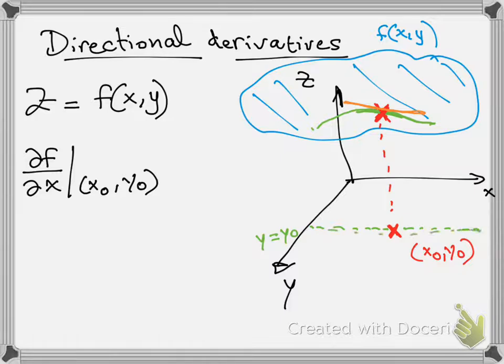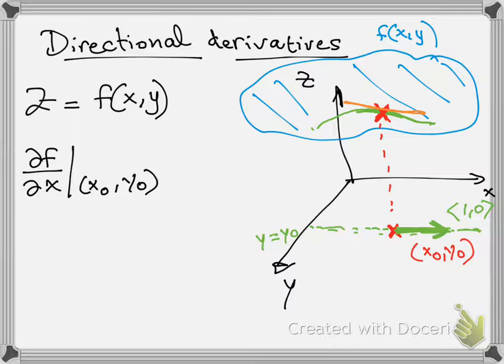But let me just say, this line has a direction vector. A direction vector of this line would be the vector 1, 0, right? So this is just the line, I mean the x-axis.